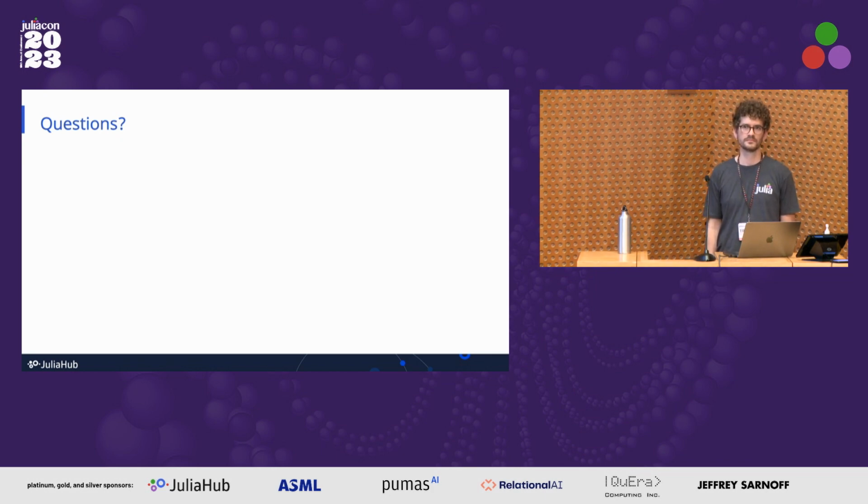Right now there's no rocSPARSE support, though you have rocSOLVER support. But from looking at the code, I understand there's a lot of overlap between the code bases, like for sparse and stuff. I was wondering, with the addition of oneAPI and Metal, is there going to be any effort to abstract a lot of that away in kernel abstractions and GPUArrays and make the development a little bit simpler across GPU stacks?